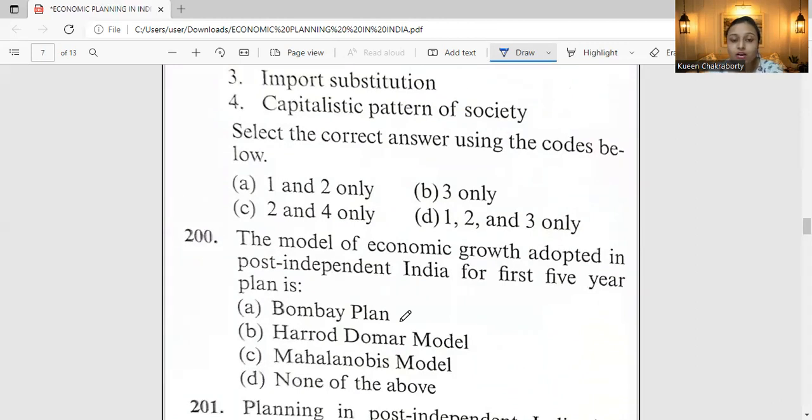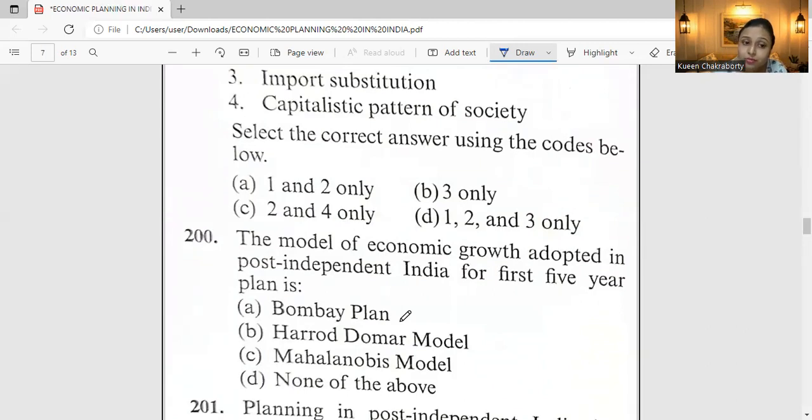So see, coming to the discussion of this answer in details, the major pillars of the Nehru-Mahalanobis plan were having high savings rate. With high savings rate, it would be very, very easy to finance large investments for the heavy industries. Also, we had to focus on heavy industry, protectionist policies and public sector to protect domestic industries from the foreign competition.